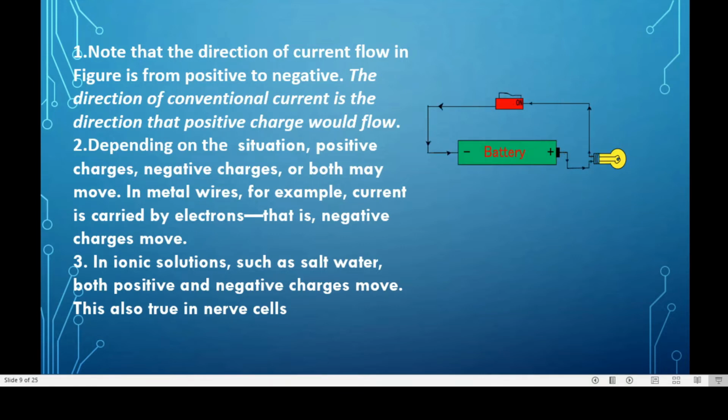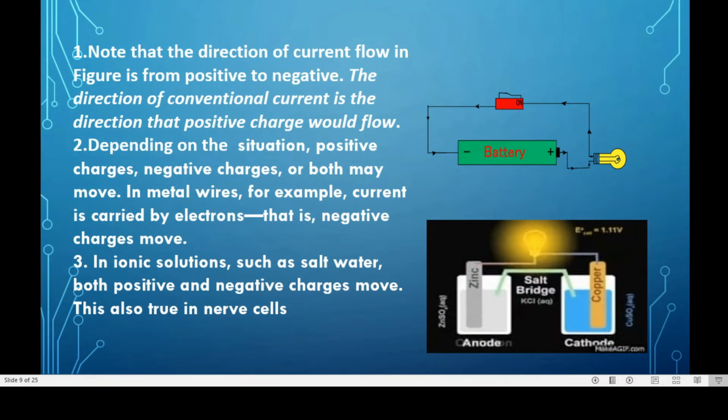That is, negative charges move. But in salt water, KCl solution, or copper sulfate aqueous solution, which are ionic solutions, both positive and negative charges move. This is also true in nerve cells.